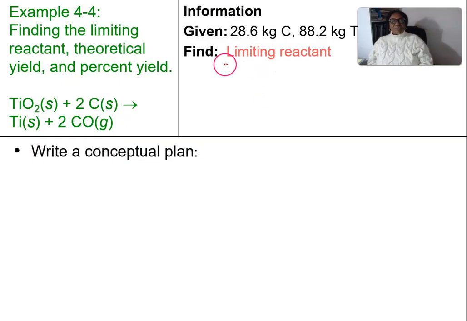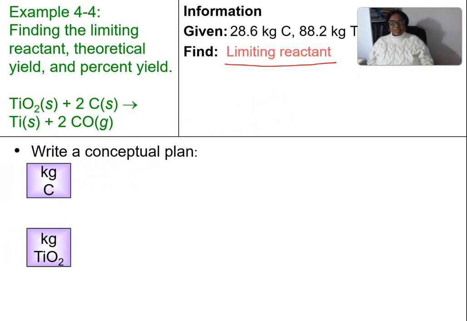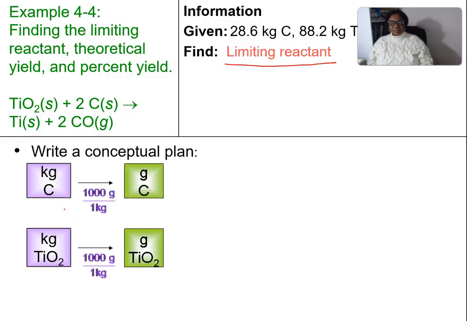So we want the limiting reactant, and we need a plan. From the masses in kilograms of the reagents carbon and titanium 4 oxide, we are going to convert to grams so that we can find the number of moles.